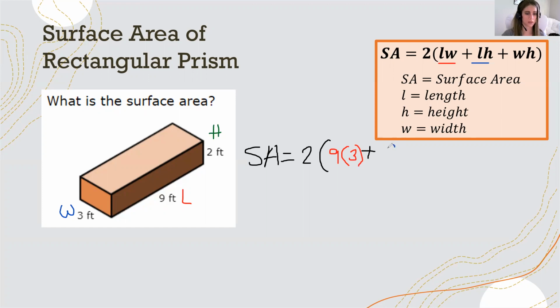We have a length of 9 feet times a height of 2 feet. That gives us another side. And then last but not least, we are going to do width times height. Our width is 3 and our height is 2.